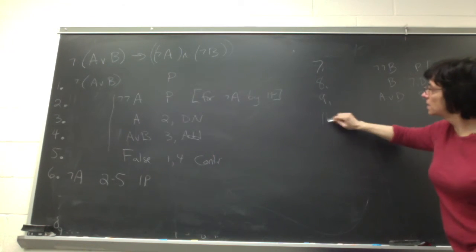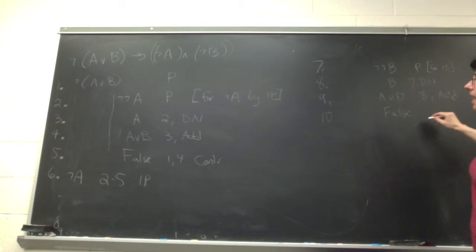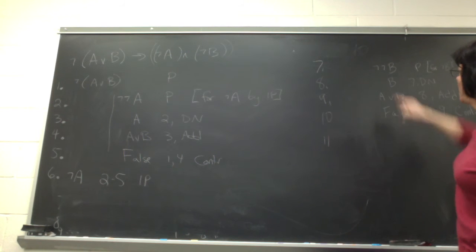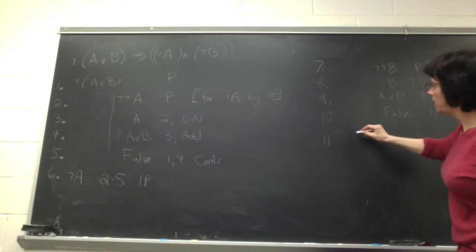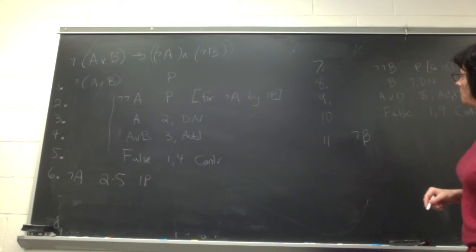Which means I can get false because I've got 1 and 9 and contradiction. Right. Which means I can outdent and say I've got the opposite of this, not B, right? I've got my not B that I proved based on what lines.